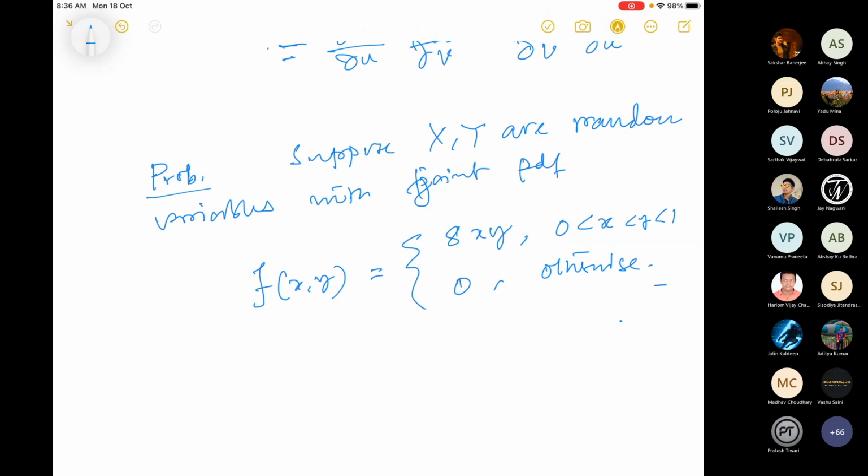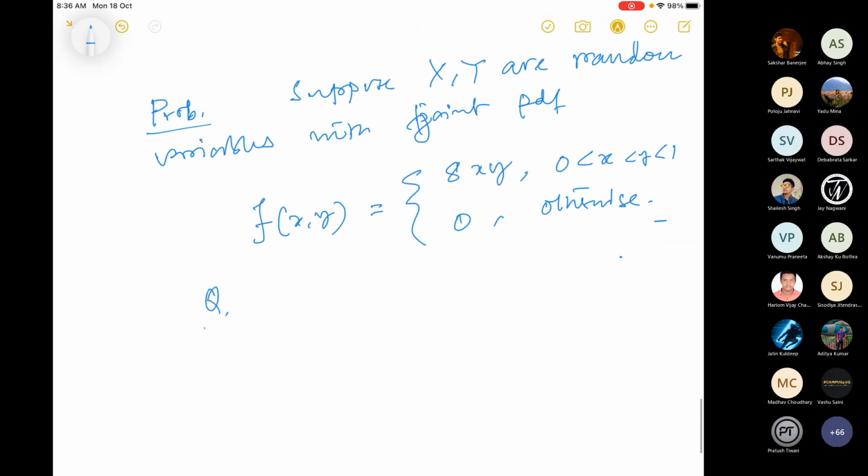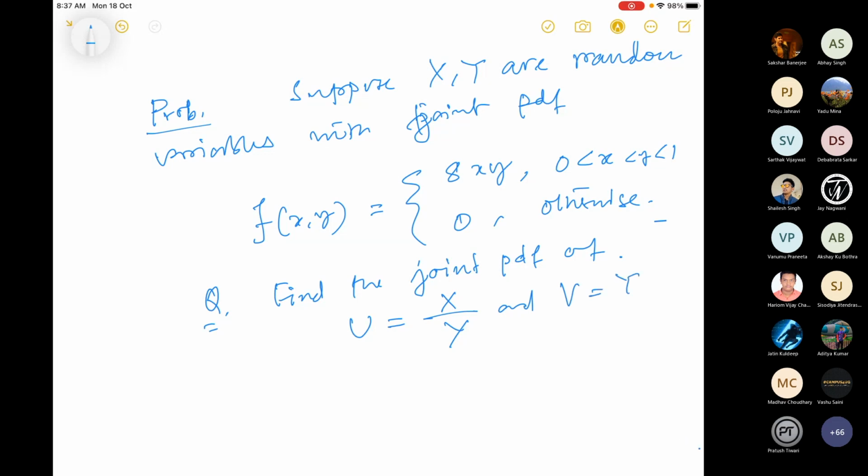Now the question is to find the joint PDF, or joint density, of u, which is a function of x and y, let's say x divided by y, and v, which is y. So I have to find the joint PDF of this.